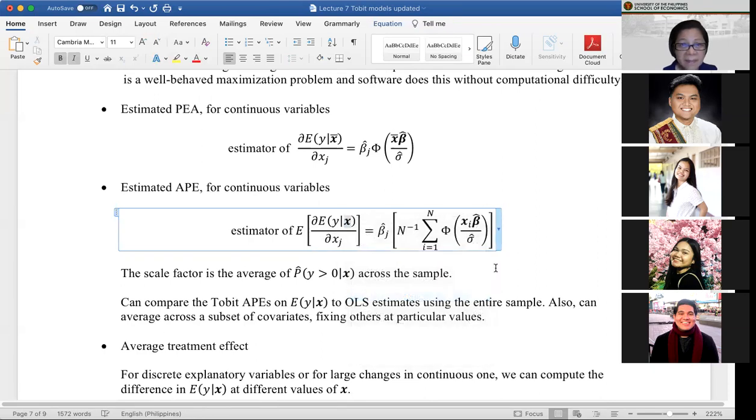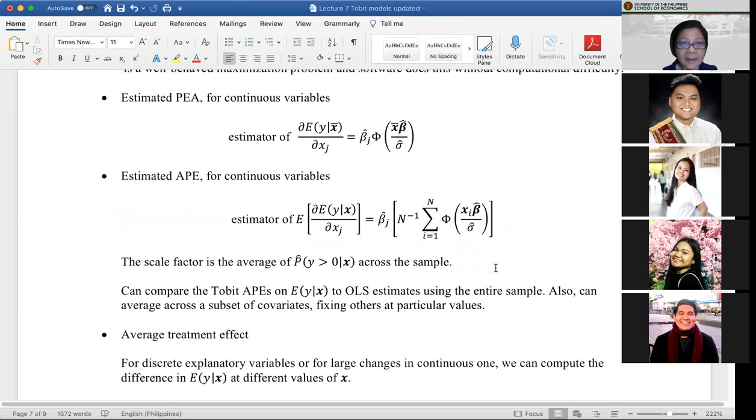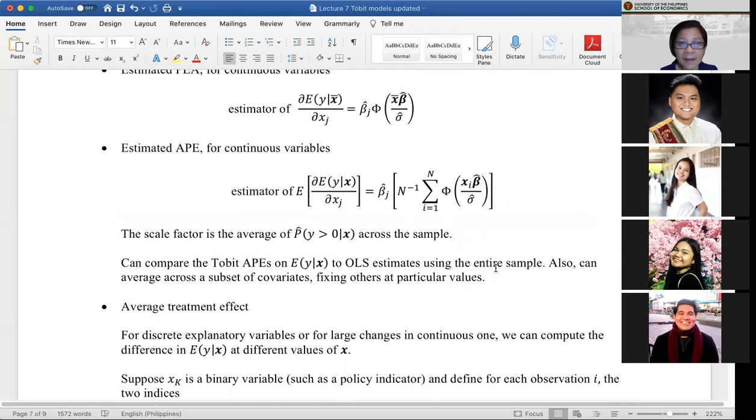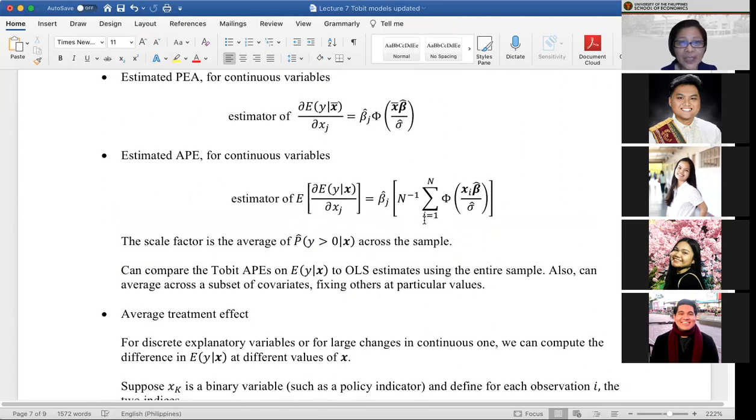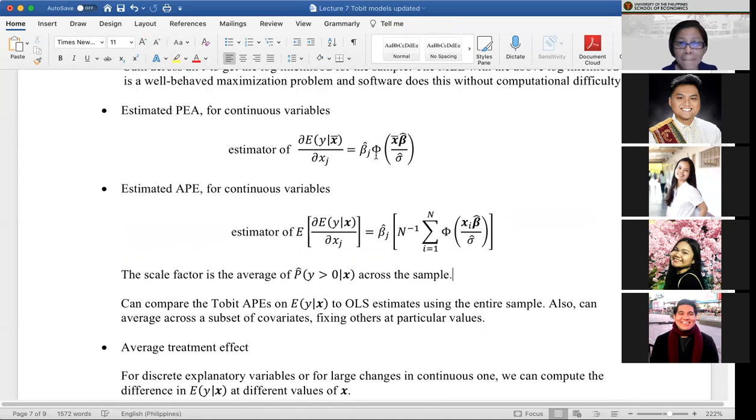Note that the partial effects are not directly given by the coefficients, but you have scaling factors, the scaling factors being some numbers between 0 and 1.